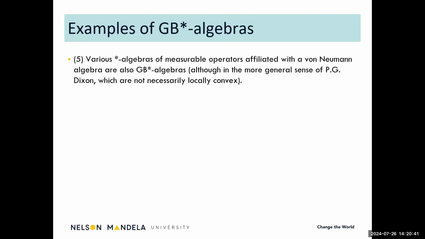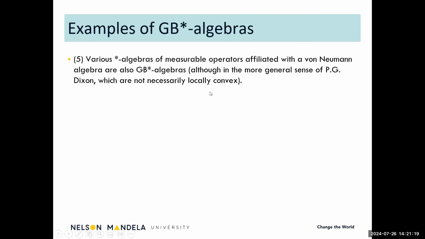But they are GB star in the more general sense of Dixon, who took that definition of GB star algebra further by not necessarily insisting that the algebra be locally convex, but just a topological algebra in general. But there are instances where the topology of convergence in measure is locally convex, and the algebra need not coincide with the affiliated von Neumann algebra, so that it's still strictly larger than the von Neumann algebra.